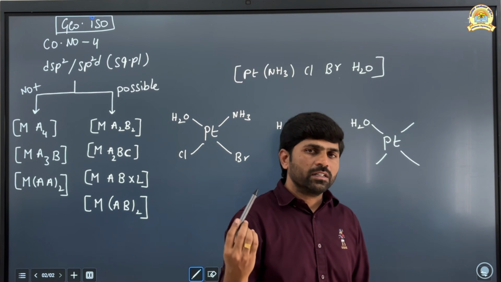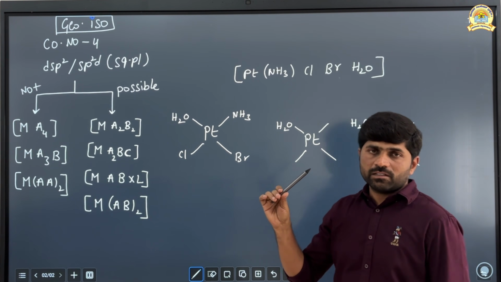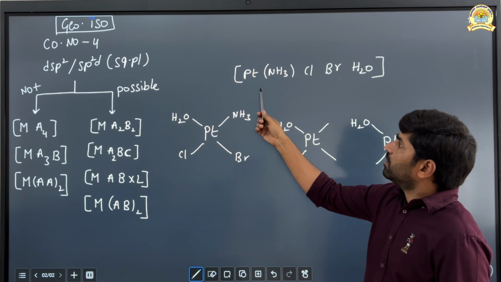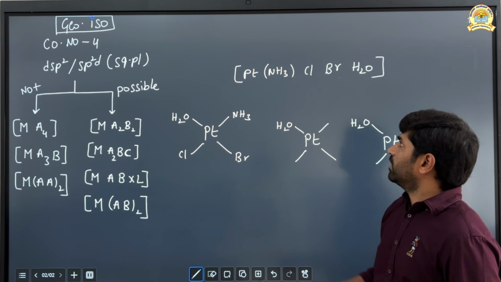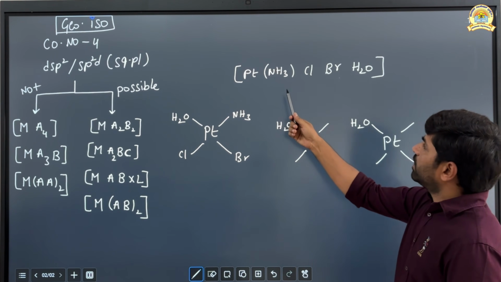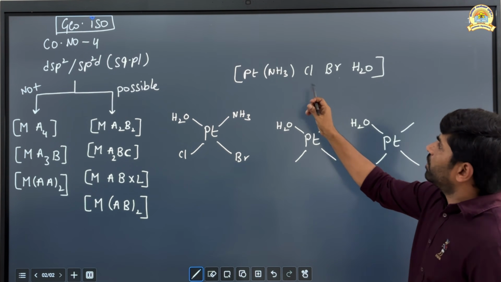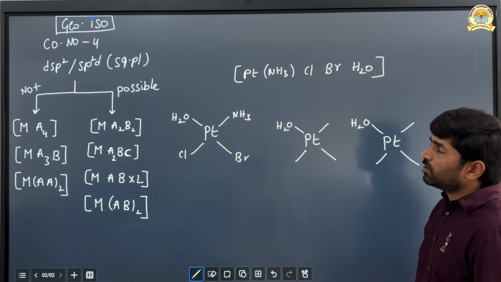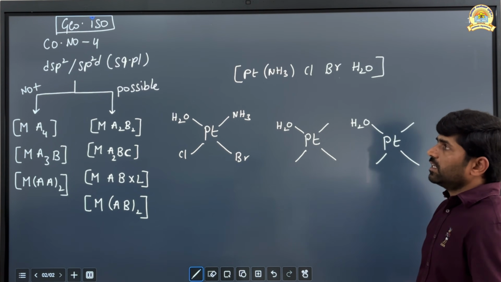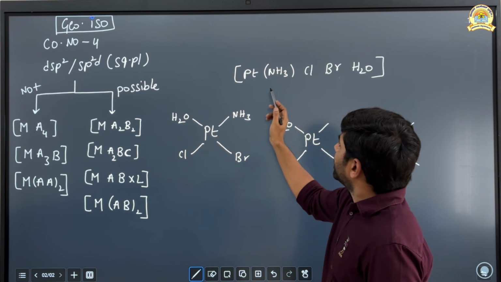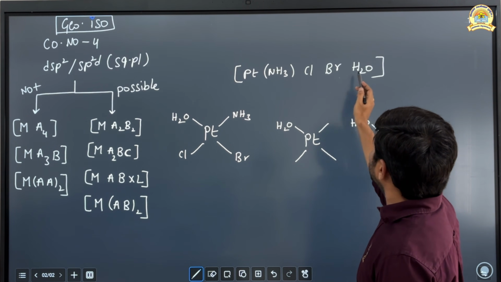Observe the previous related question also. So how to write the geometrical isomers for this complex? In this complex you can see four different ligands are there. How to draw the three different isomers with four different ligands? Let's observe. First, the ligands are amine, chlorine, bromine and H2O.